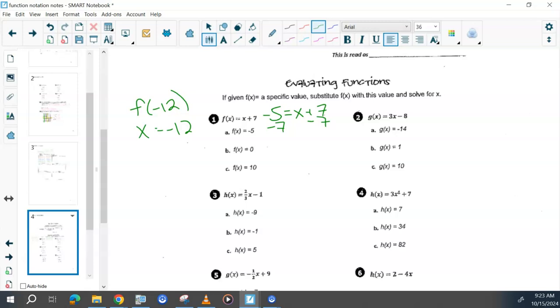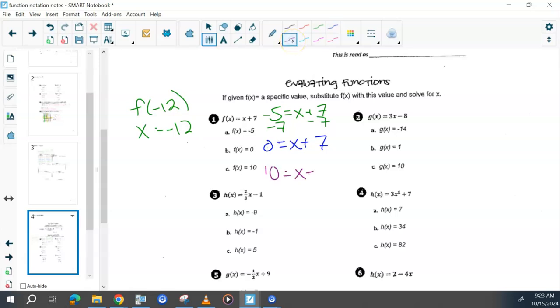The solving method will be the same for each of these. I'm just going to replace it with a different number each time. So in each one, I'm still going to subtract 7. So when y is 0, what would that x value be? -7. And then when y is 10, what would that x value be? 3.